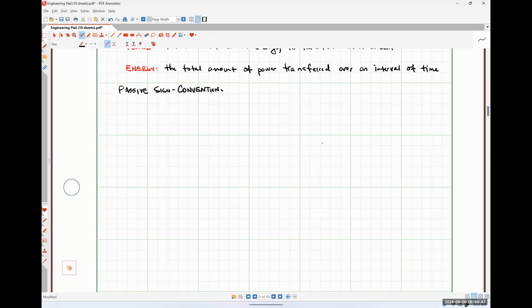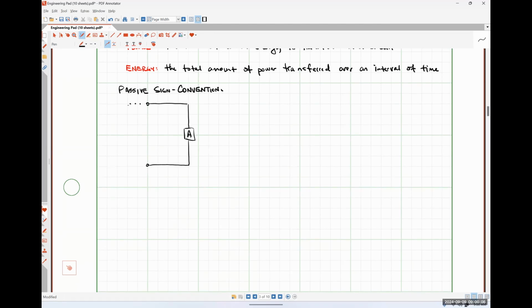So let's say that I have a generic circuit element A. I'm drawing these big long terminals like so for reasons that you'll see in just a moment.